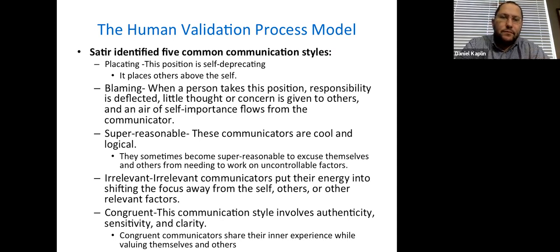So, placating. When a person has a placating sense of self, they're more self-deprecating, right? So it puts everyone above them and puts them in a position of powerlessness, right? So that perpetuates power differentials that are problematic.